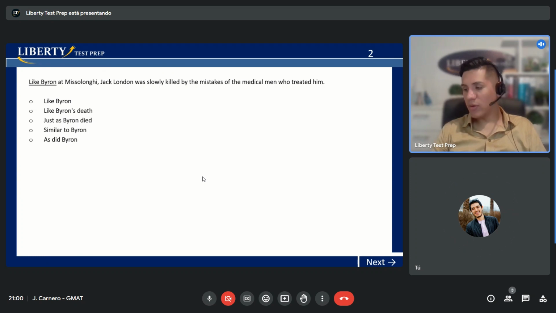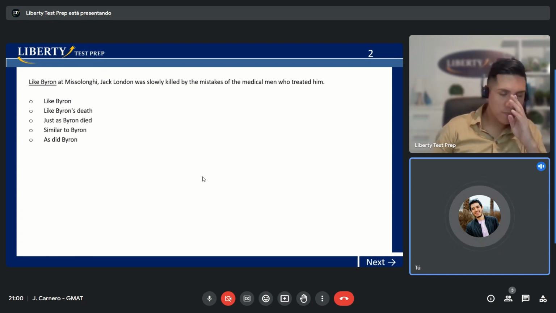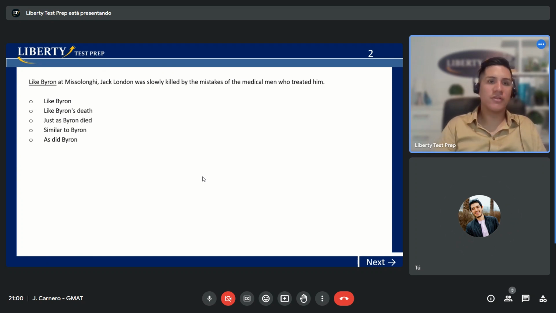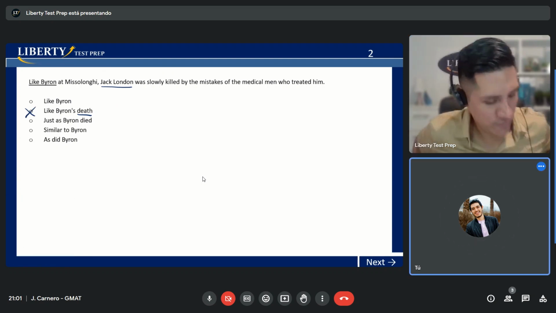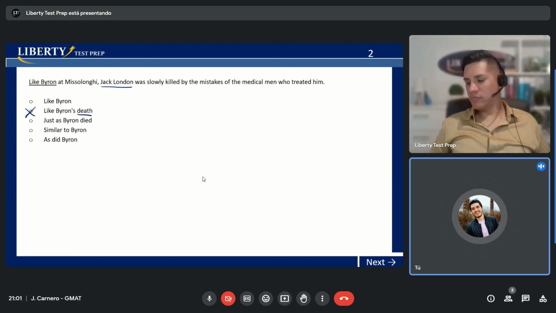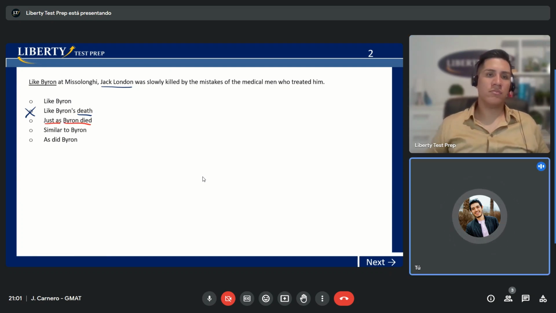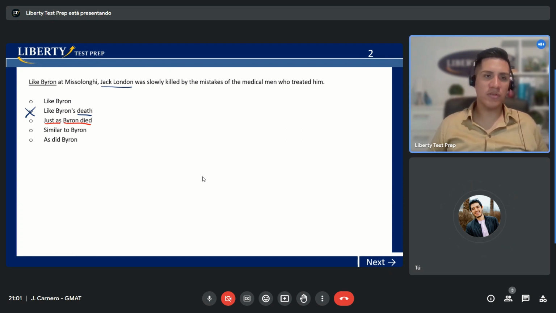Like Byron. Okay, what's wrong with the others? In the second one, we're comparing the death to Jack London. That's an illogical comparison. Nice. What else? In the second one, we're comparing a clause over a clause. We're using just as, so just is necessary, but also just as is fine. We're going to say later just as is an acceptable idiom.